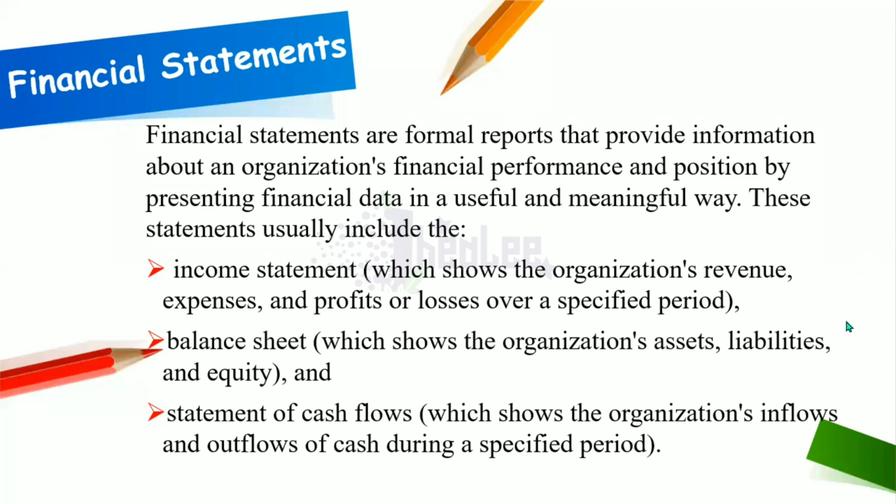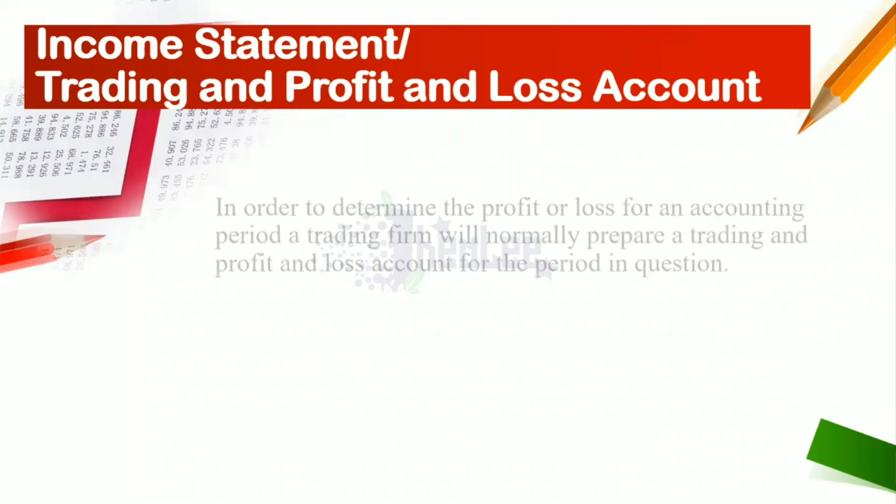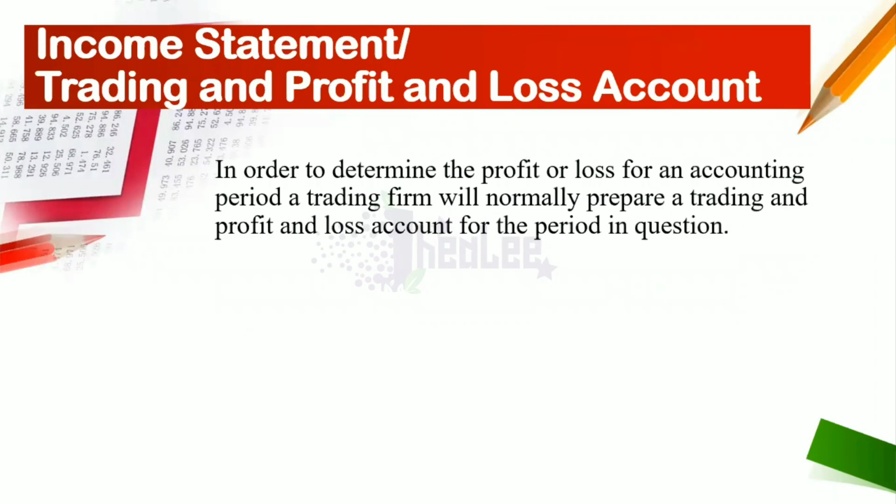Let us look at the income statement, which is also known as the trading and profit and loss account. Now, in order for a business to determine the profit or loss for an accounting period, a trading firm will normally prepare a trading and profit and loss account for the period in question, that particular financial period. So remember, the trading firm means the business that is being operated to make a profit.